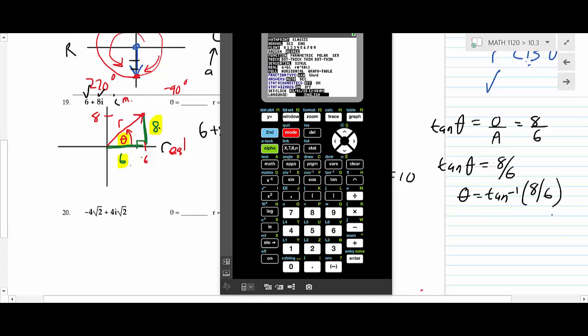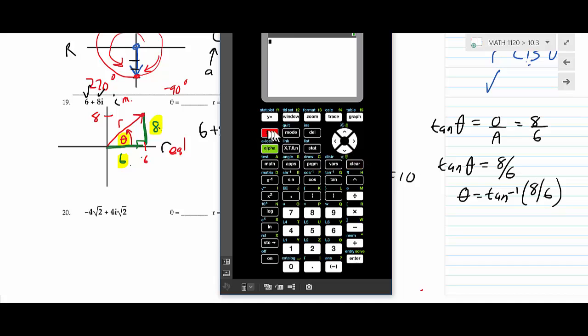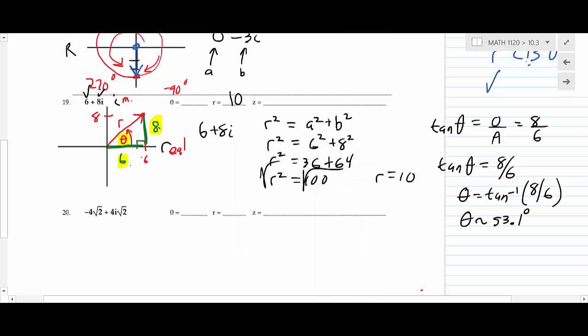You're going to get decimals on this, so we're just going to round it. I'm going to go second tangent to get the inverse of 8 over 6. That'll give me a quadrant 1 reference angle. So that's going to be approximately 53.1 degrees, and that's good enough. All we can do on this is estimate.